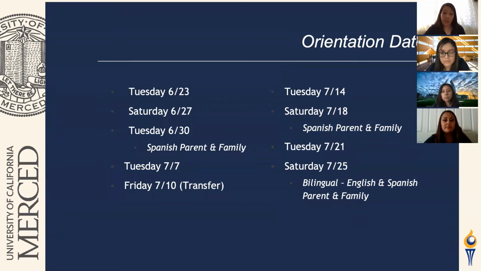It gives you information regarding our costs, the Spanish-speaking parent and family orientations, transfer student orientations, and also a list of our frequently asked questions. So if you have any questions, know that you can go on there, and more than likely your question may be on there and the response. But if you ever have any further questions, you can always email us at orientation@ucmerced.edu.